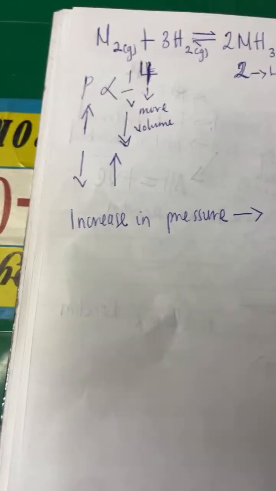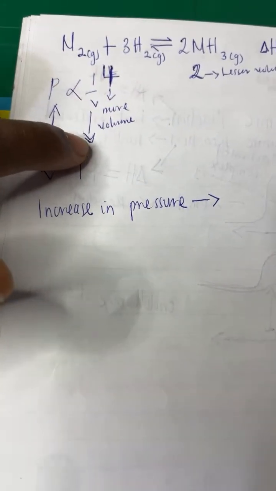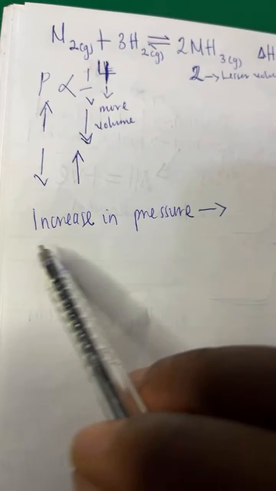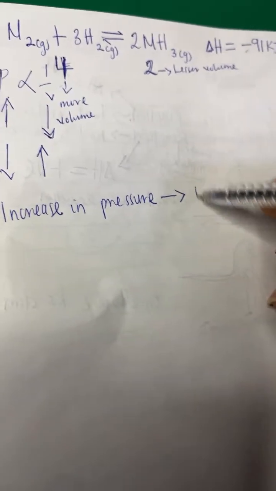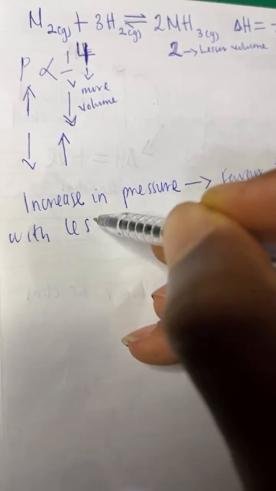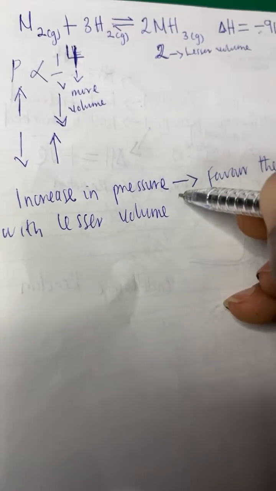Remember I told you guys that if pressure increases, what must happen to neutralize the change is a decrease in volume, right? So if there is an increase in pressure, the reaction will favor the side with lesser volume, or I can just use mole.